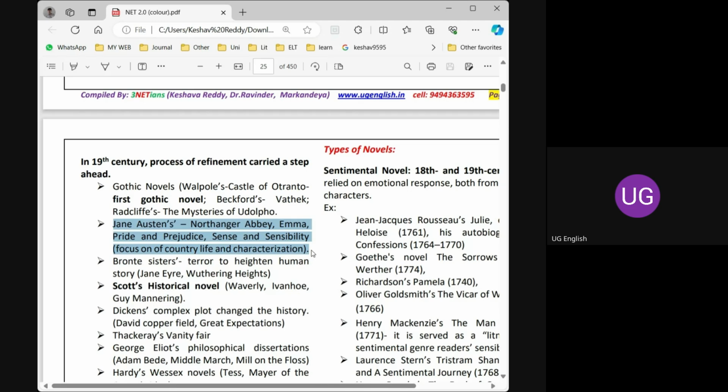And yesterday we discussed the Bronte sisters. There are three Bronte sisters: Charlotte Bronte, Emily Bronte, and one more Bronte. Did you remember the names of these three novelists?